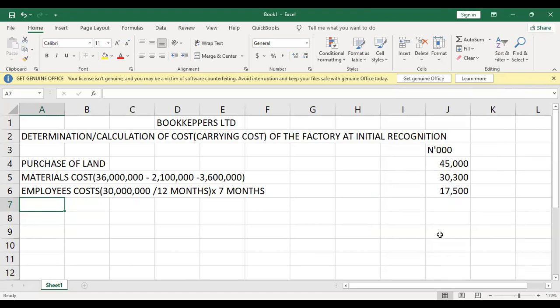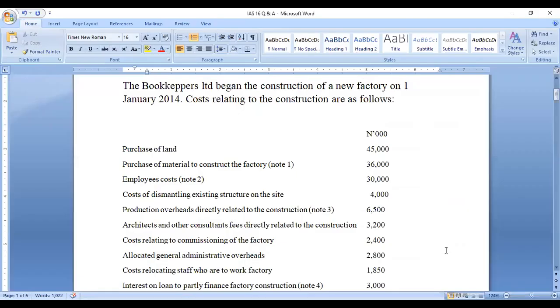So all material costs that relate to material wastage, or material costs that have been incurred as a result of faulty design, are not included as part of the asset, but they're actually expensed in the profit or loss account. Okay, so the next one is cost of dismantling existing structure on the site.